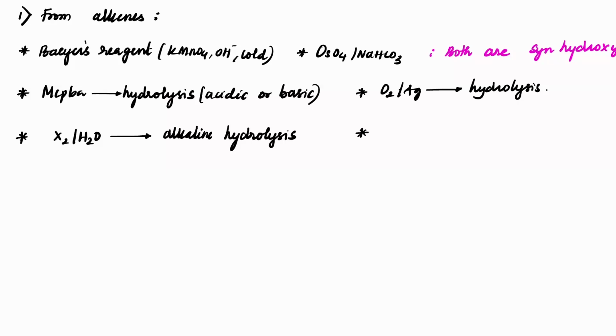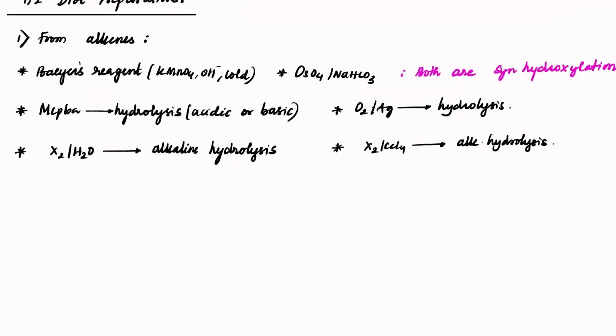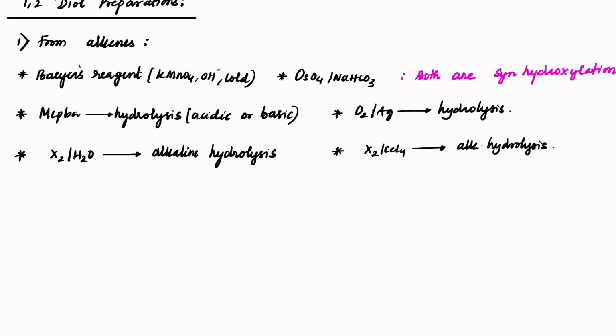Or we can first use X2 in CCl4, followed by alkaline hydrolysis. So these are all a summary part. That's why I'm not writing it, because all of these reagents we have come across already. The new ones which we need to learn are these.